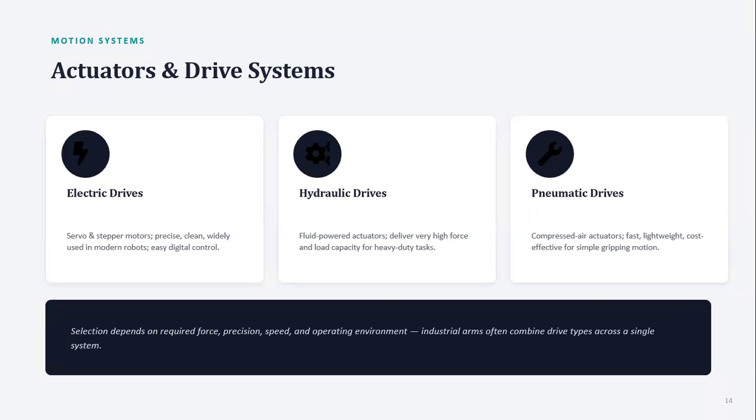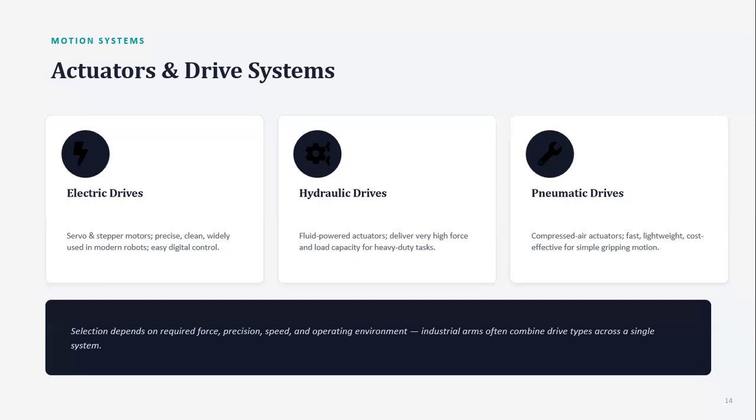Next, let us see the significant importance of actuators and drive systems in robotics. Actuators generate robot movement. So for that, electric motors are commonly used because of their precision and ease of control. Hydraulic actuators produce very high force for heavy industrial applications.